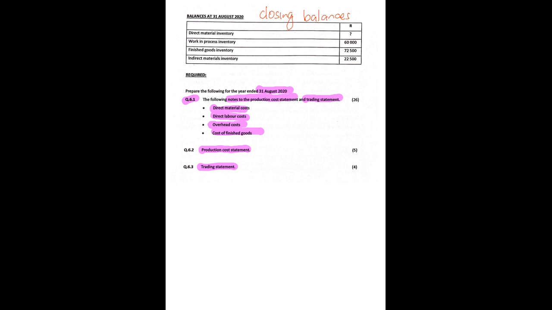Now, when you are answering these questions, if you do get a question like this where you're asked to draw up your notes as well as your statements, there has to be a specific sequence that you follow. So when you're drawing it up, you have to do it in the sequence because it is in such a way that one leads to another.